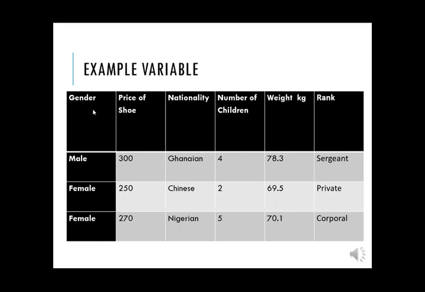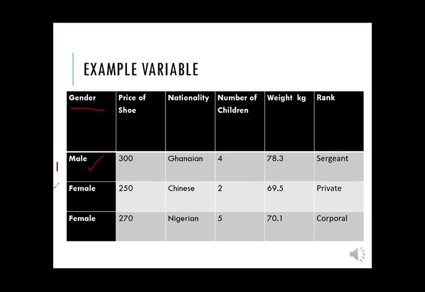Okay, now we said that a variable is a criterion, any characteristic which changes from one object to the other. If you look at this data set here, from a survey instrument, when I asked for gender, the first person told me his gender was male.